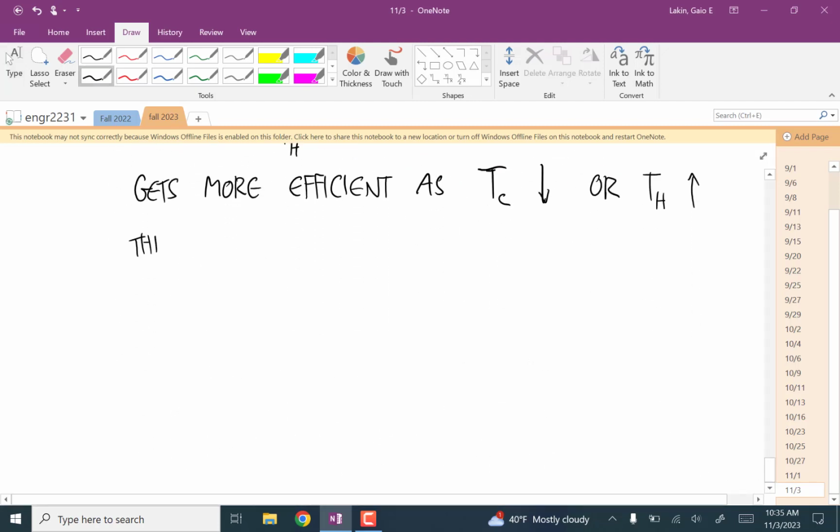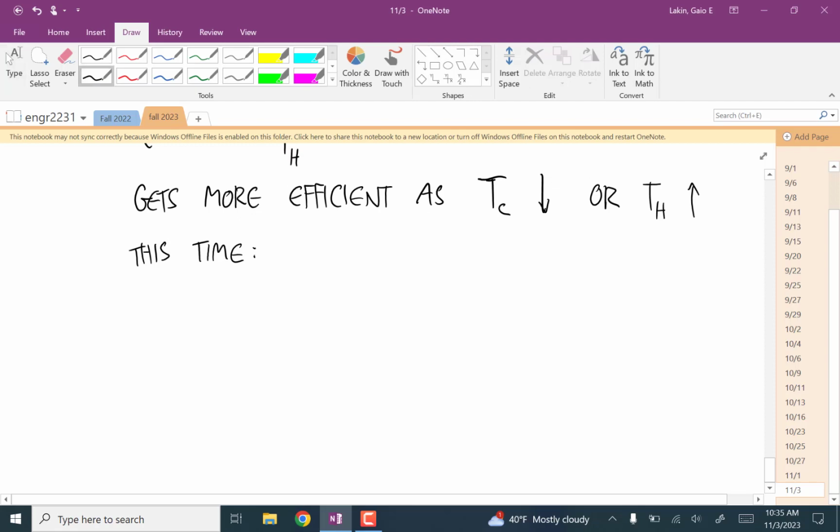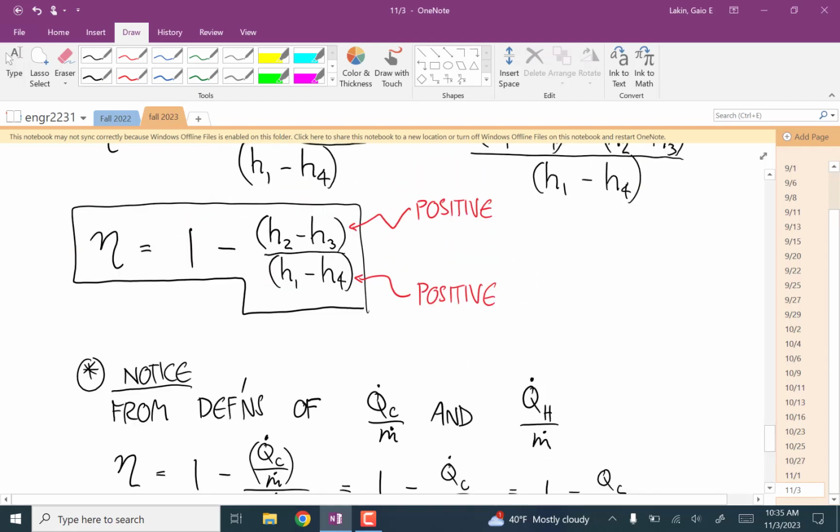This time we can also see, using our final equation here, H2 is the enthalpy going into the condenser, and H3 is the enthalpy coming out of the condenser.